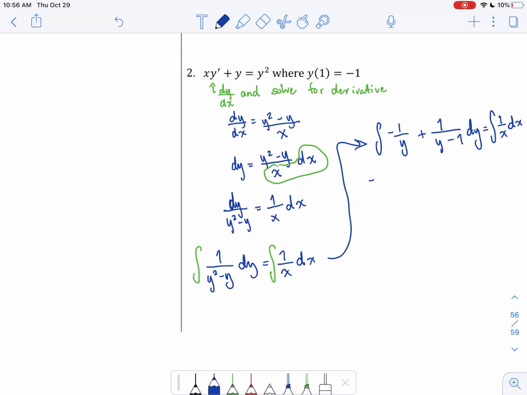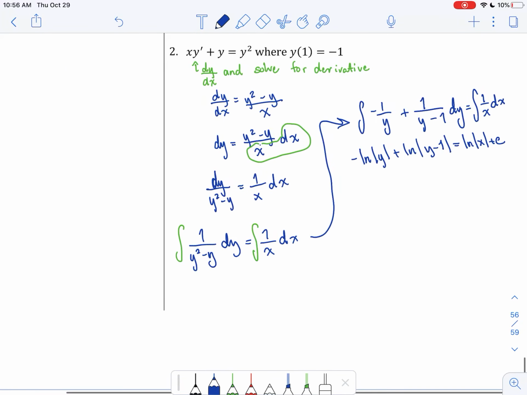Now, the integrals for both of these would be negative ln of y plus ln of y minus 1 is equal to ln of x plus c. Now, this is definitely one where I can solve for the y by itself because they're all the same type of functions, versus before where we had natural log and a polynomial and trig. Here, they're all natural logs.